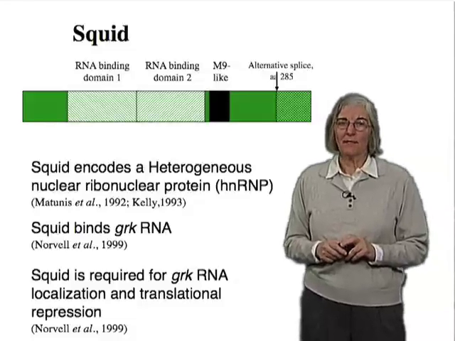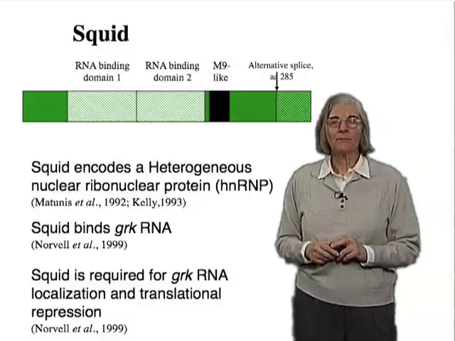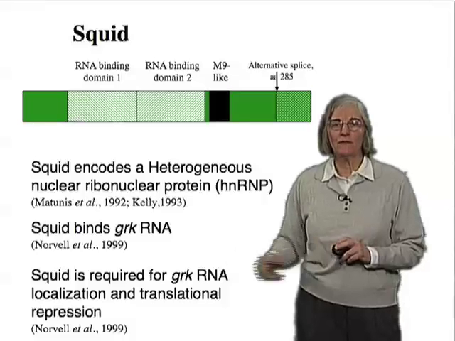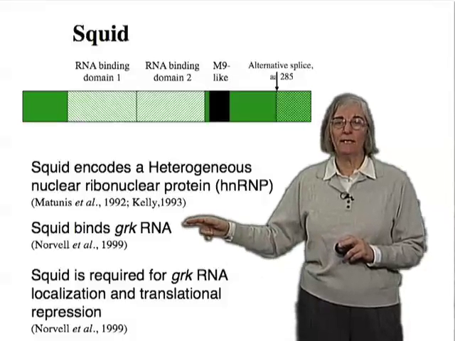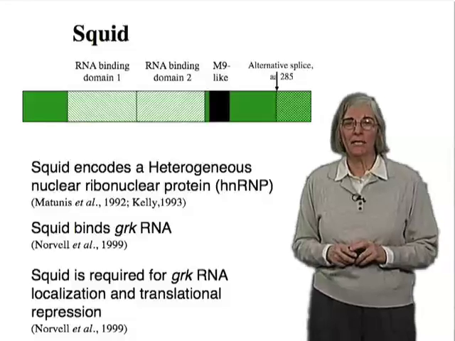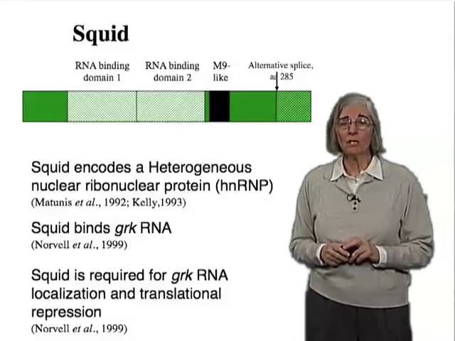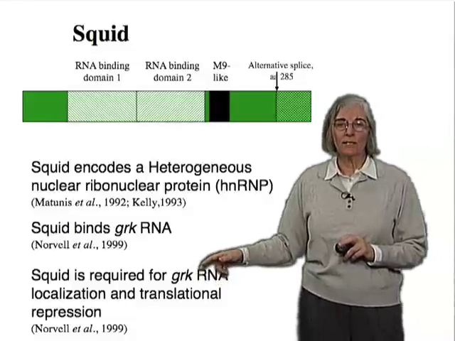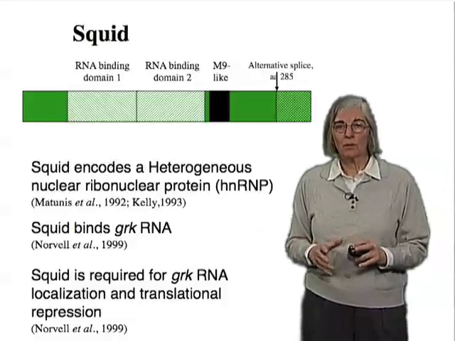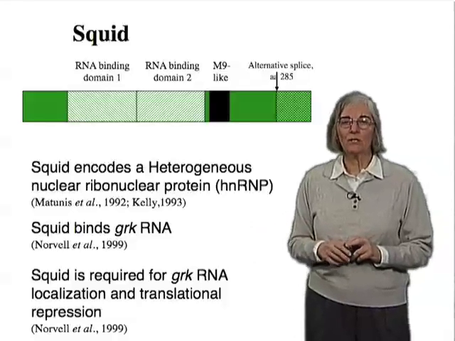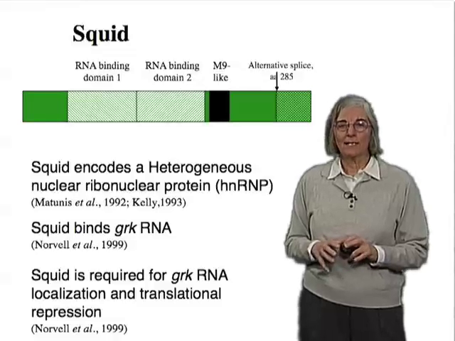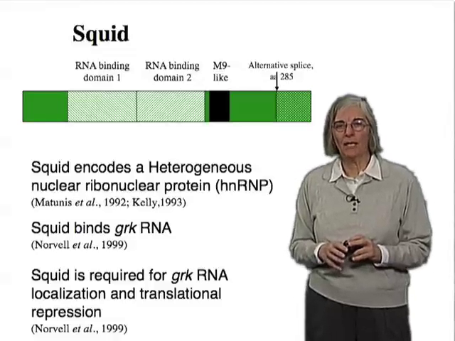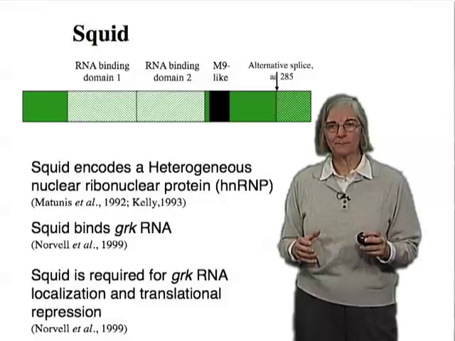Amanda Norvell, a former postdoc in the lab, looked at Squid in more detail, and she found that Squid can indeed bind the Gurken RNA directly. She also discovered that Squid is not only required for the localization of the RNA, but it's also required for the translational repression of the RNA before it's localized.